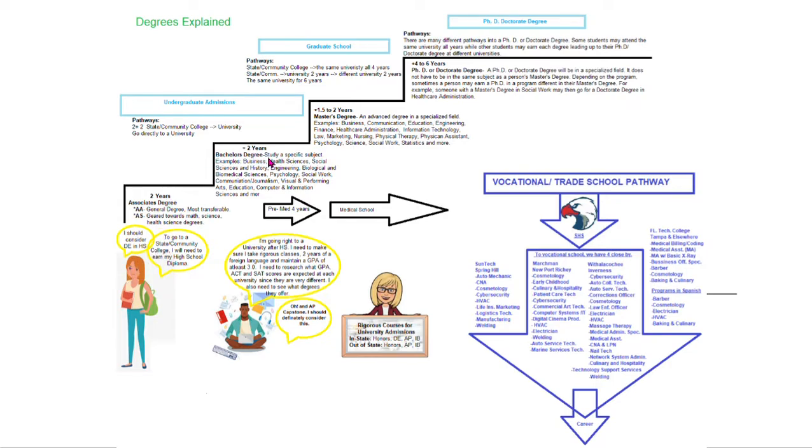Okay, for our students who are university bound, you want to leave your high school directly to the university. You're going to want to make sure that you take your rigorous courses. You definitely have to take your 2 years of foreign language. You have to maintain at least a 3.0 GPA, maybe higher, depending on the university that you're interested in.